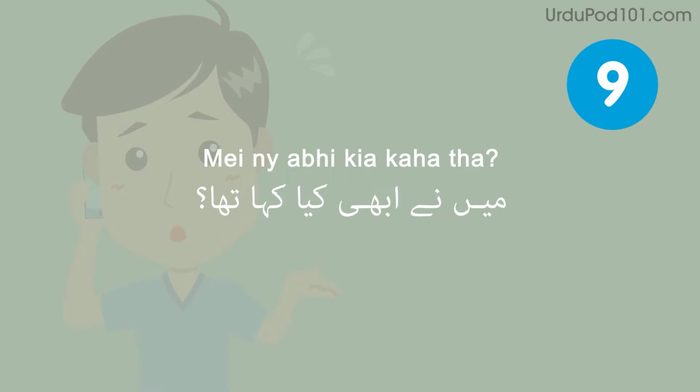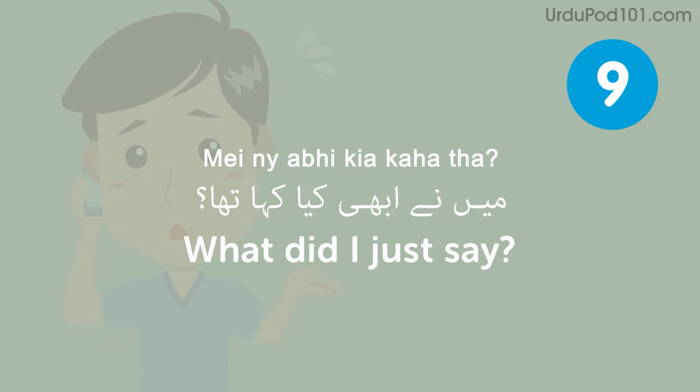मैंने अभी क्या कहा था? What did I just say? I think this is one of my favorites in our today's lesson because I tend to use it a lot with my younger siblings.